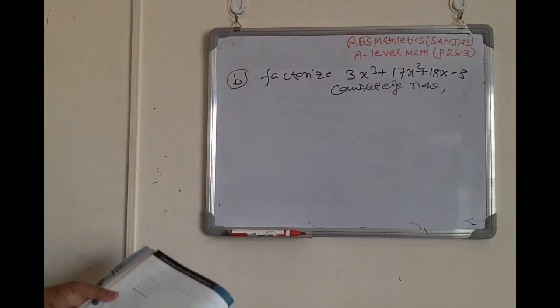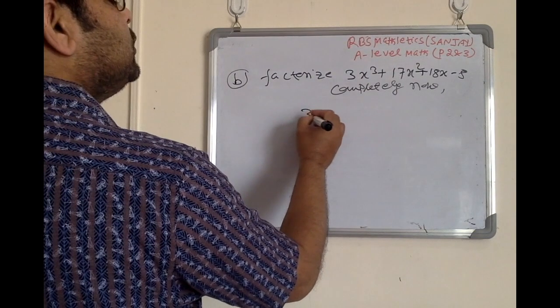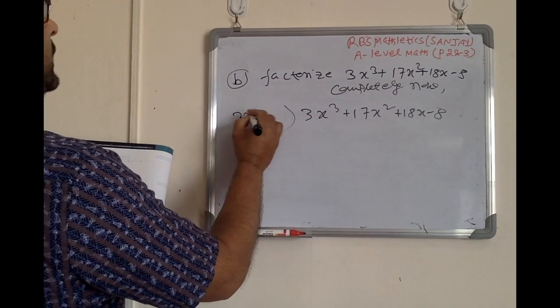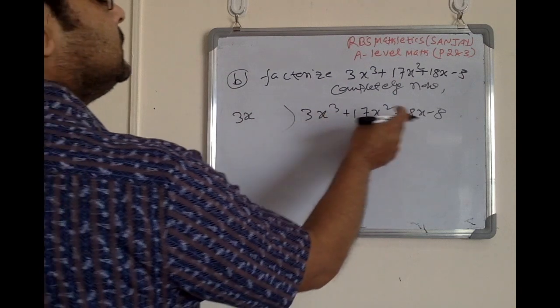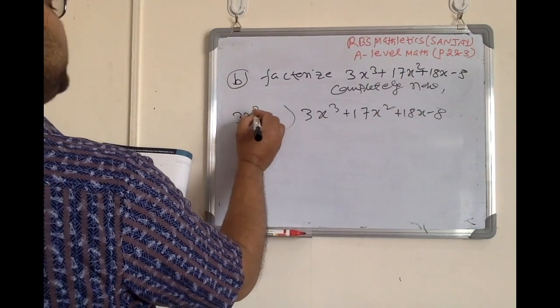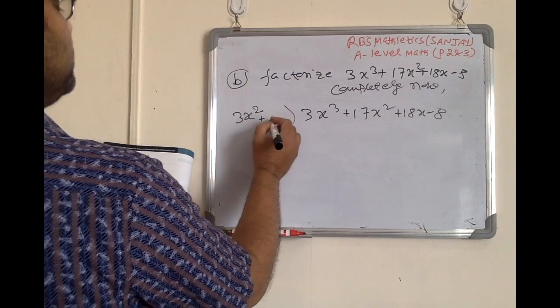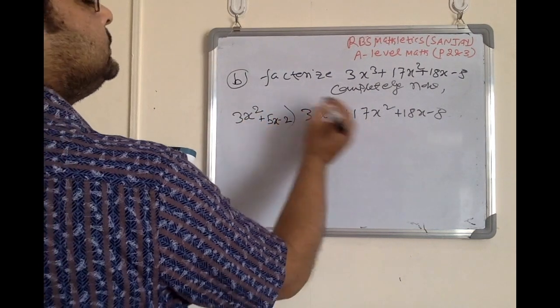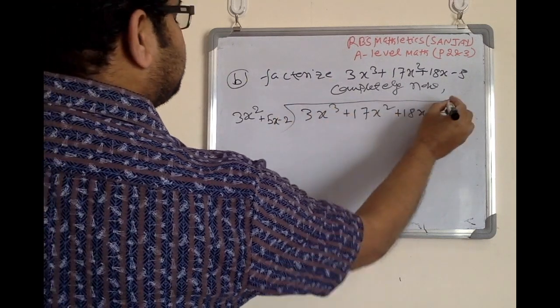One method is that you divide this polynomial by the given polynomial, which divides it exactly, leaving no remainder. That was 3x squared plus 5x -2, and then we leave some space over here.